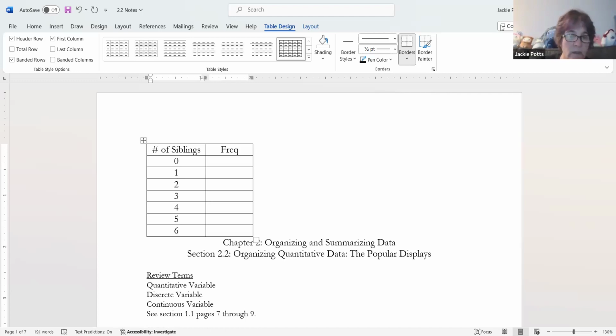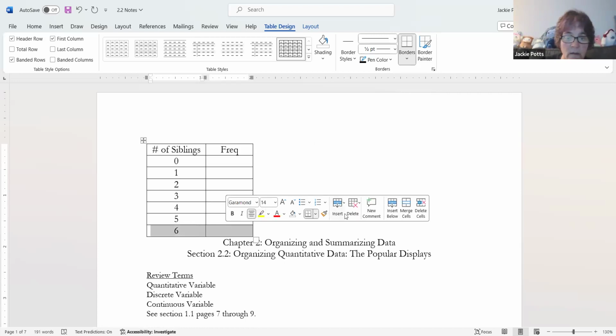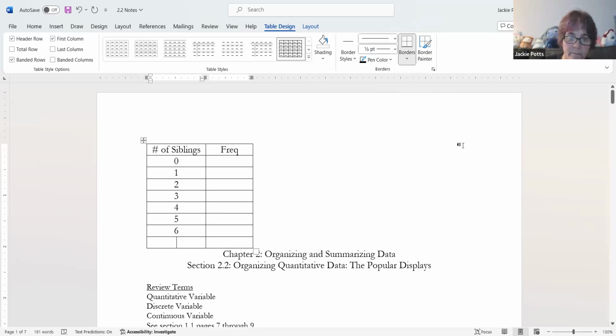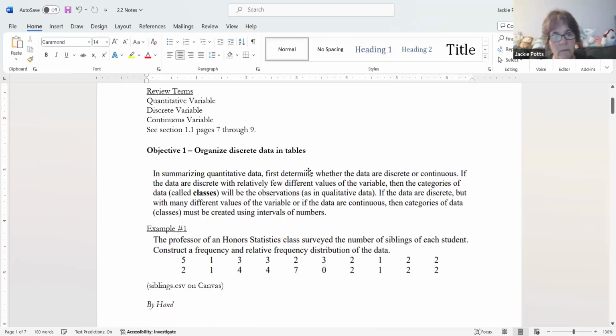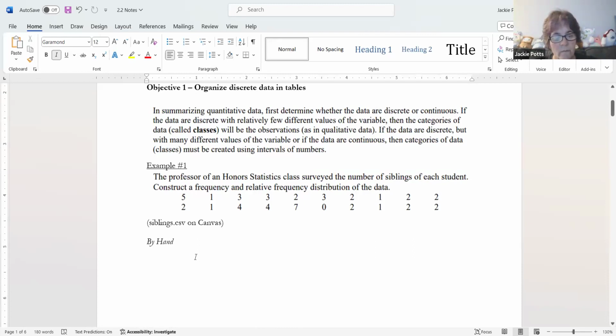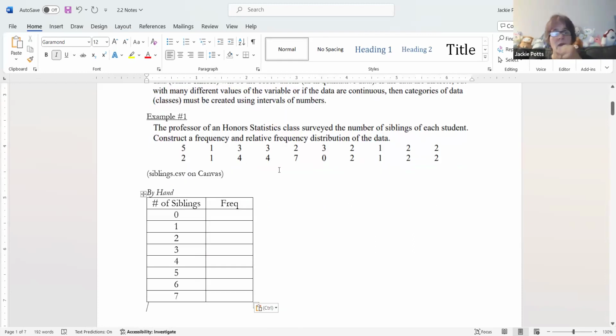And our biggest number of siblings is 7. Now I'm going to have to move this again. Okay, this is what I'm doing. I'm doing the frequency table for these. It's 0 to 7.